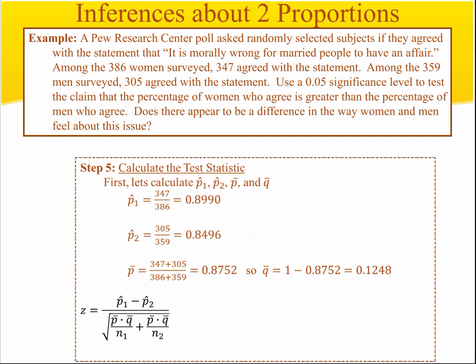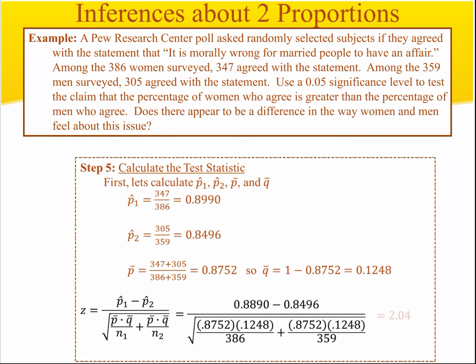And our p-bar is the pooled proportion, so 347 plus 305 over everybody, 386 plus 359, gives 0.8752. So its complement, q-bar, is 0.1248. Plugging all of that into our z, we get a test statistic of 2.04.